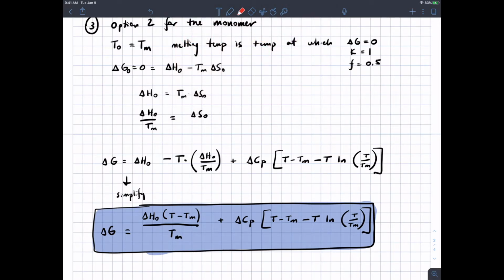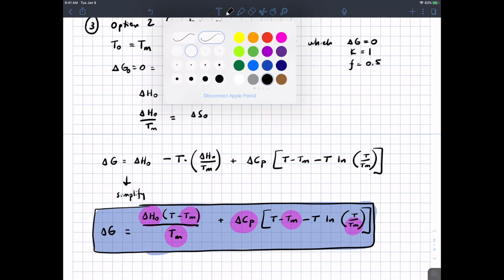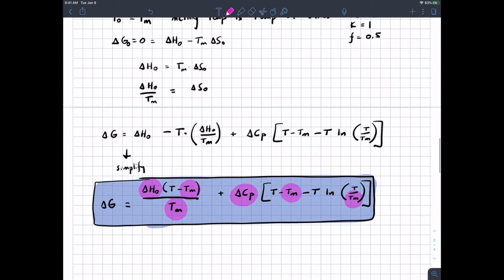So the three parameters that we're going to optimize are delta H, Tm, and delta Cp. And I'll make a note, things that I've highlighted in pink, these are parameters to optimize so that we match our data as closely as possible.